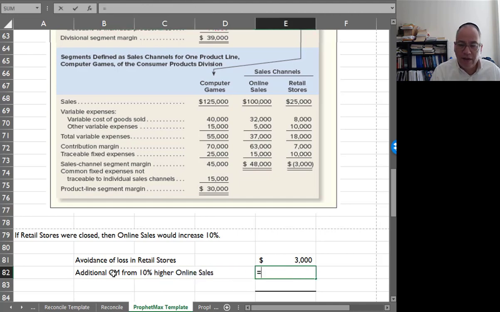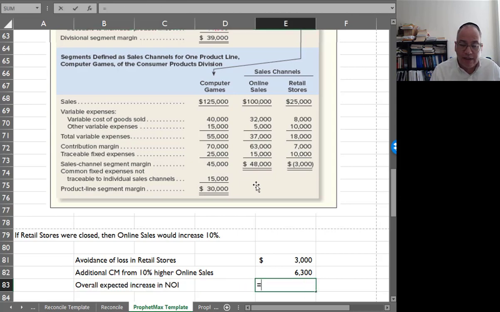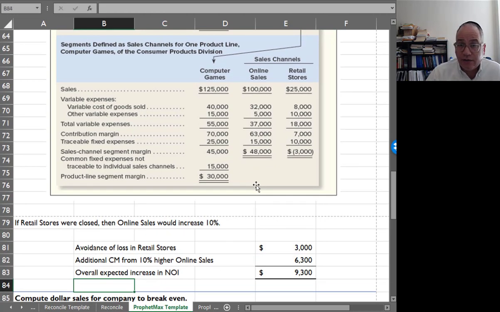If my contribution margin from online sales is $63,000, and that would increase by 10%, so 63,000 times 10% would be an increase in overall income of $6,300, and fixed costs would stay the same. So my overall expected increase in NOI as a result of closing down retail stores would be $9,300.